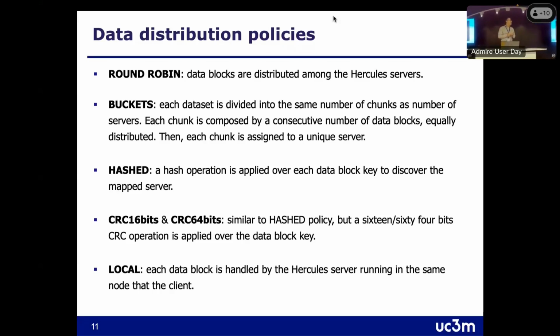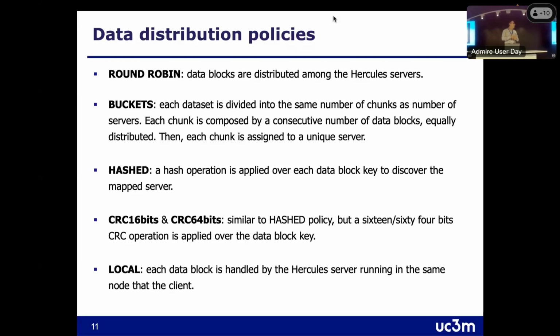Buckets means that the data set has a fixed size with the same number of blocks, and they are defined as a number of chunks, and these chunks are consecutive, okay? So you have a chunk from 0 to n, then n plus 1 to 2n, and so on, so that the location of the data is very easy to find. Hash is basically a hash operation very similar to the hash operation you apply in Redis or one of these in-memory databases.